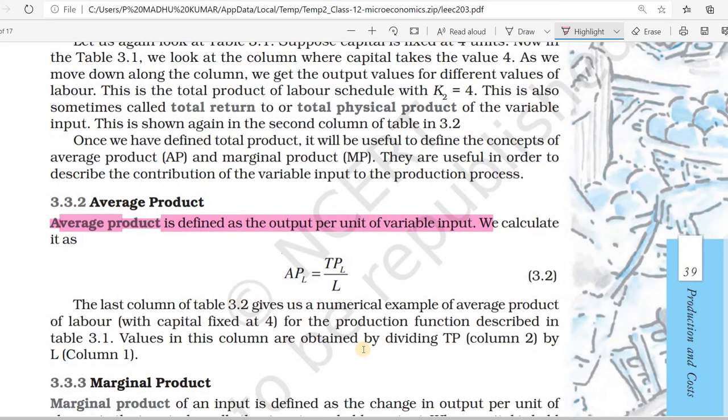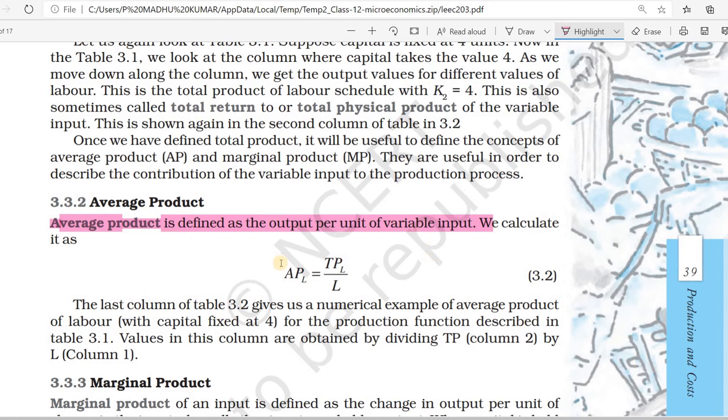Suppose total product of labor is 20 and number of labor is 2, then 20 divided by 2, average product is 10. That one is average product.